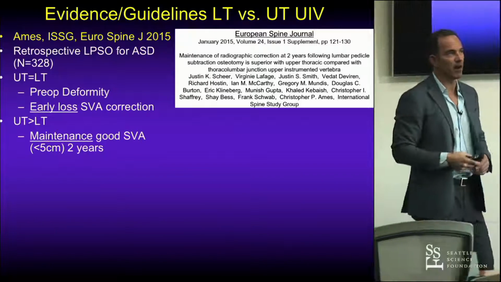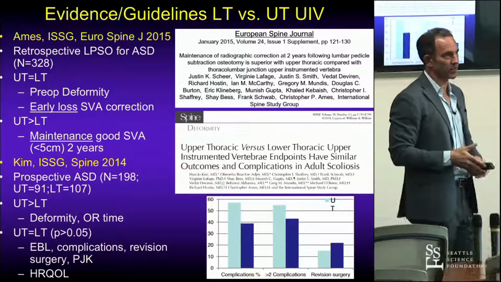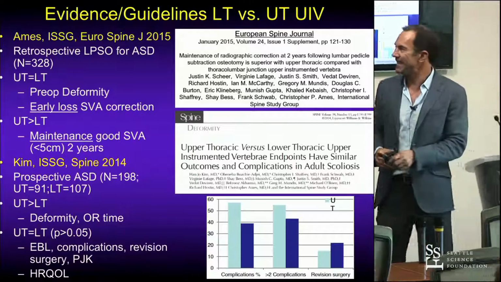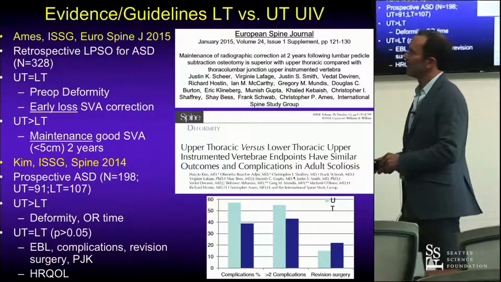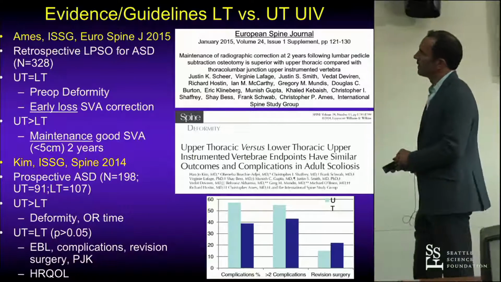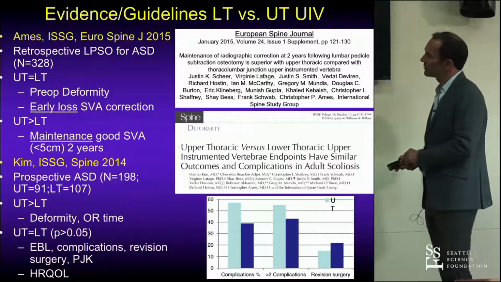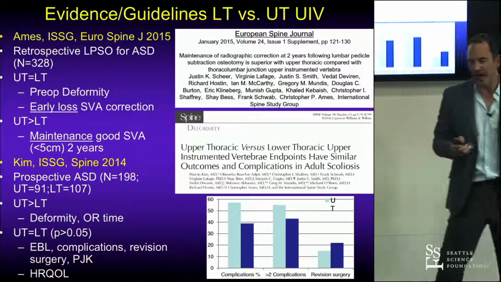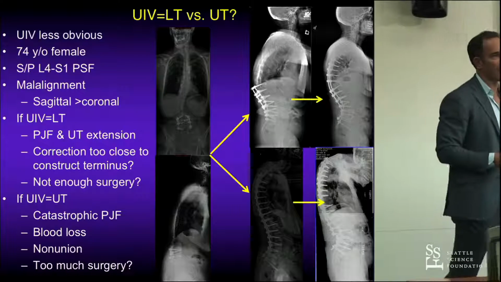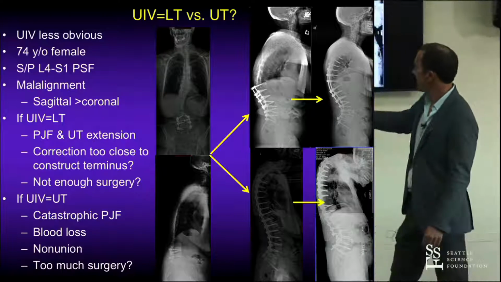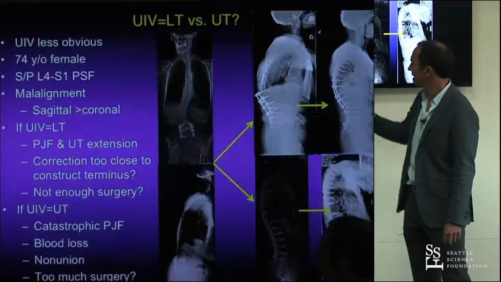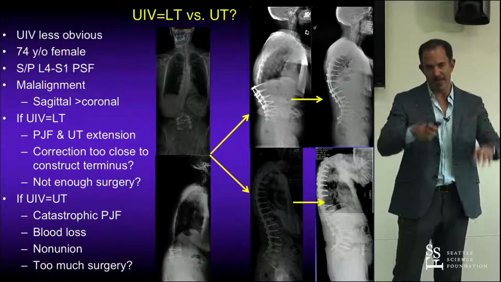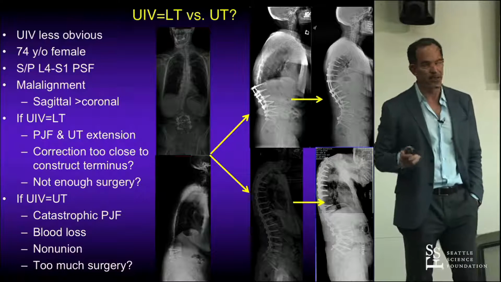So we have some data on that through the ISSG, through 2 studies, one that Chris Ames did and one that Hanjo Kim did, and they really found maybe a little bit more blood loss, but better maintenance of correction if you go to the upper thoracic spine. And if you have a large sagittal deformity, if I look at this patient here, I'm just not going to have enough lever arm to maintain the sagittal alignment that I dial in.